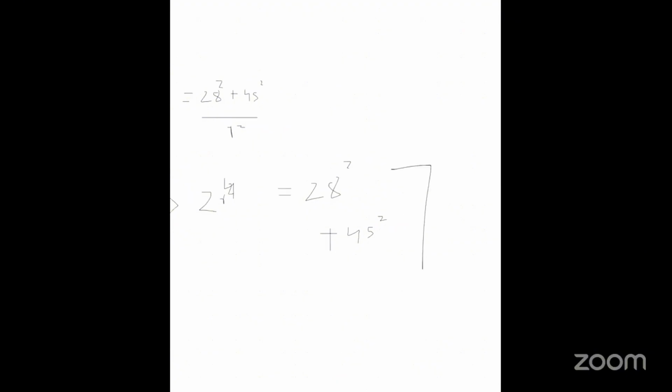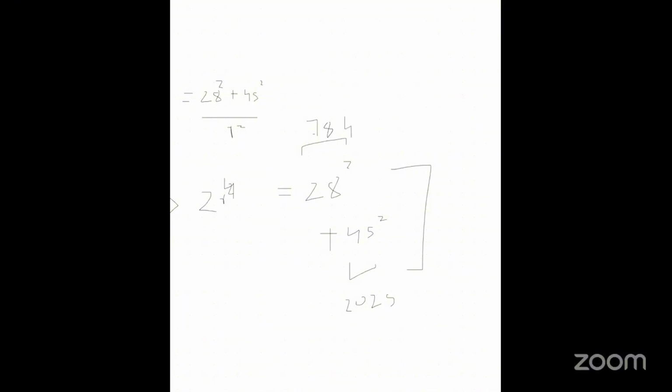So let's see. This is 2025. And then this is like 744. What is this thing again? 28 squared. 784 maybe? Yeah, 784. Not 744, 784. Okay.